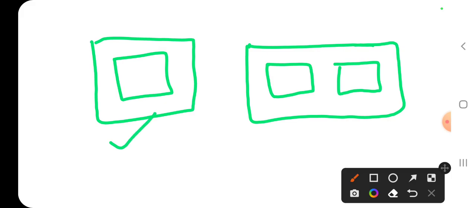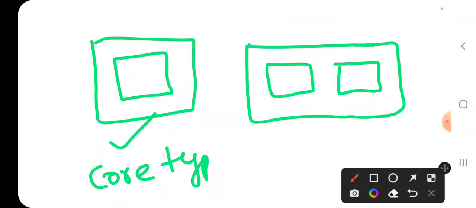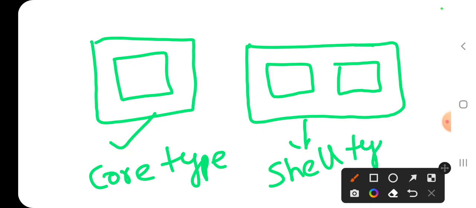This kind of construction is called core type transformer, and this kind of construction is called shell type transformer.